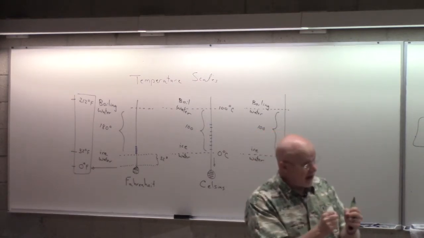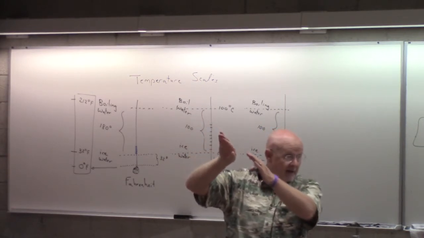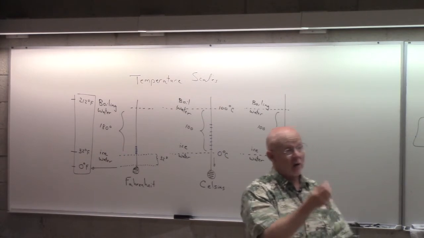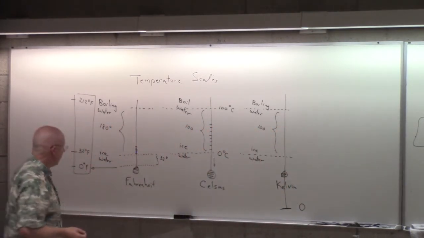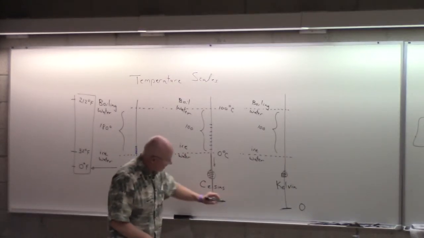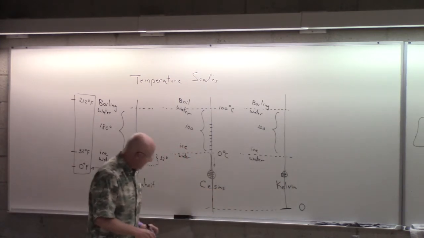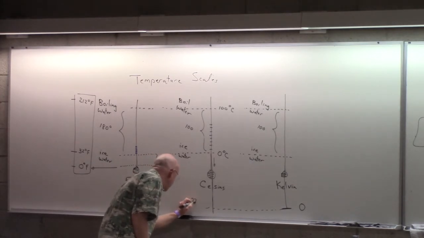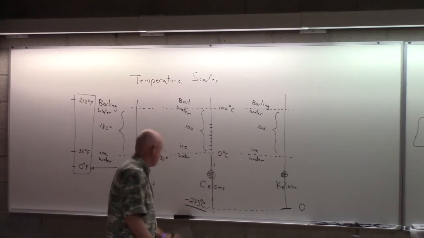So the way we found absolute 0 is we made that graph. We extrapolated the motion until the pressure came out to be 0 to find out where this point is that they stop moving. And of course, we were doing this on the Celsius scale. So on the Celsius scale, they would stop moving at negative 273 degrees Celsius.